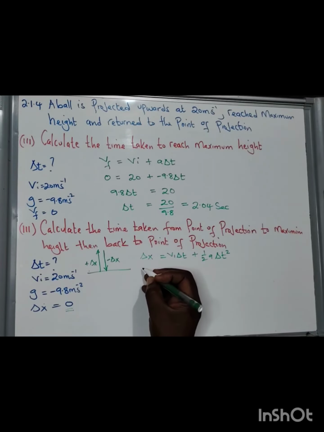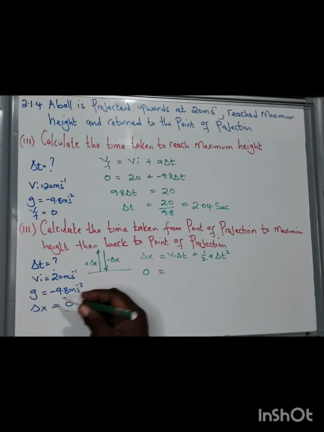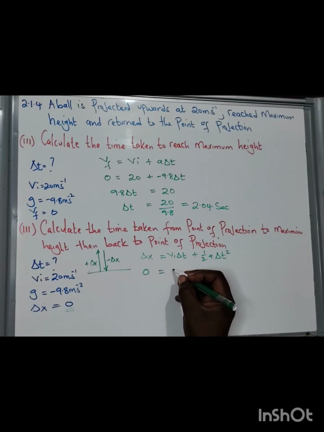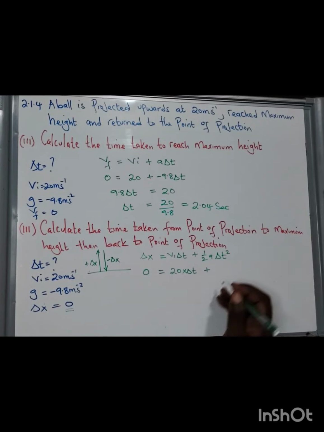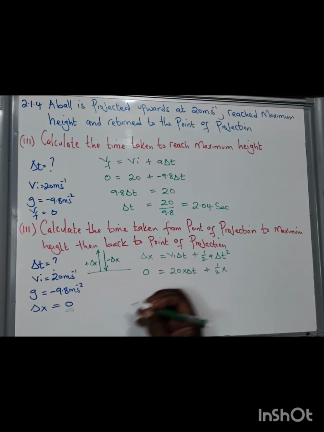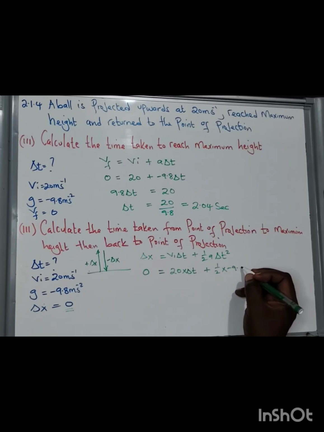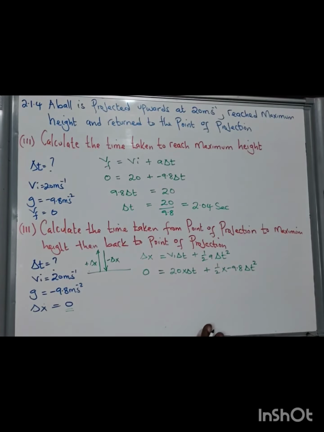Do we know delta X? Yes, it is 0. Do we know initial velocity? It is 20. And we are looking for time. This one is a half times negative 9.8 delta t squared.